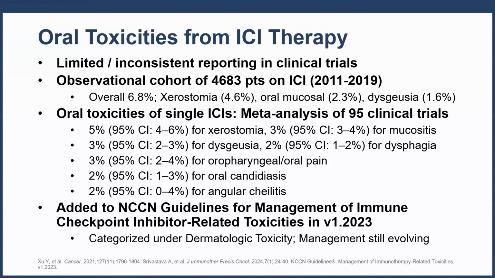And what they found was that there was an overall incidence from their analysis of 6.8% of oral toxicities from ICI therapy noted. The most common being dry mouth or xerostomia at 4.6%, followed by oral mucosal diseases or disorders at 2.3%, followed by taste changes or alterations with dysgeusia at 1.6%.